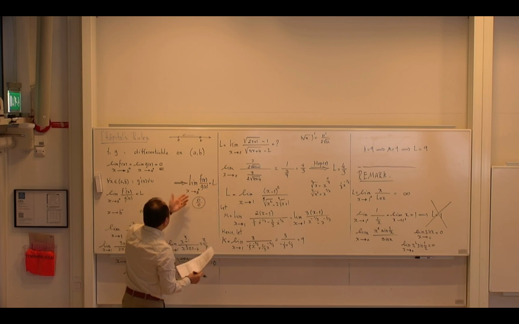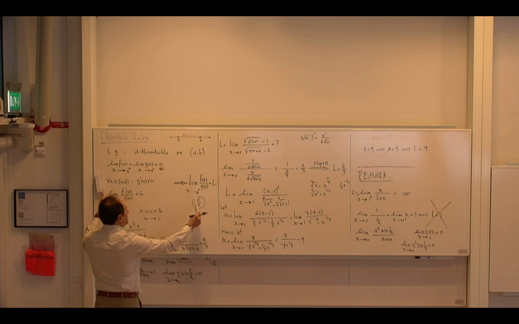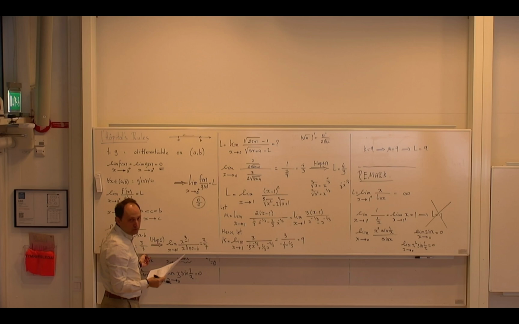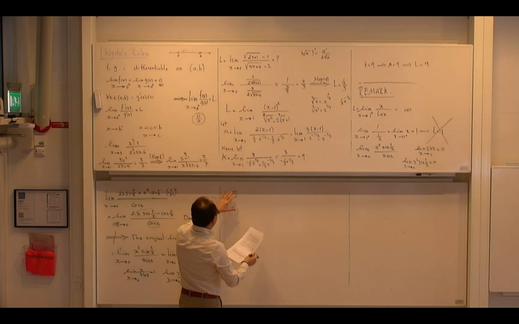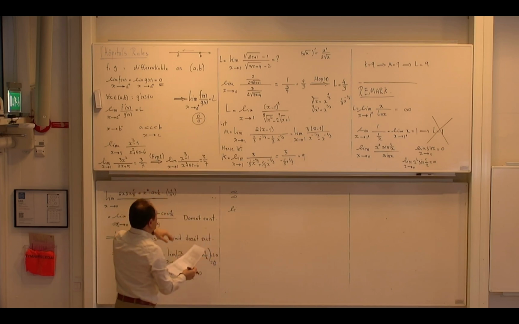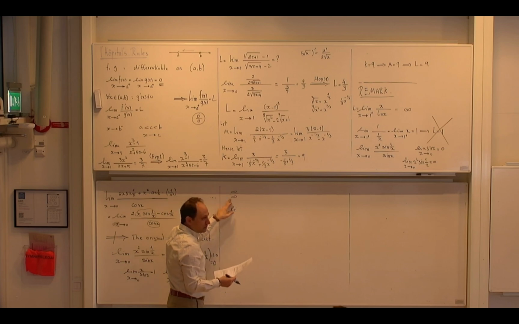And it doesn't matter if x goes to any number or x itself goes to infinity. What matters in the first one is that your indeterminacy is of type 0 over 0. Okay? And the same is true for the second one. It doesn't matter where x goes. What matters is if you have infinity over infinity. So if you have infinity over infinity, you can do the same thing.